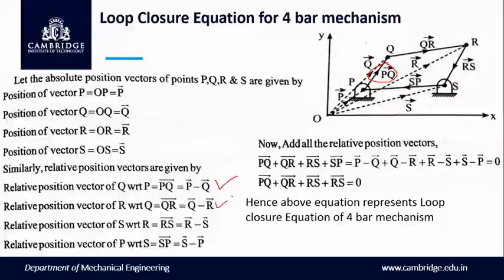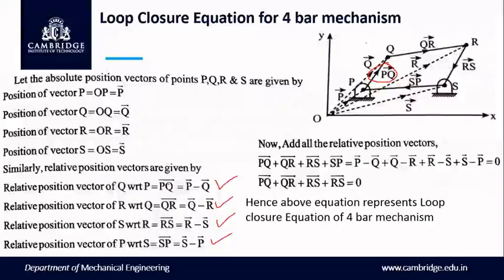Similarly, we have in total four relative position vectors, that is relative position vector of R with respect to Q, S with respect to R, and P with respect to S.